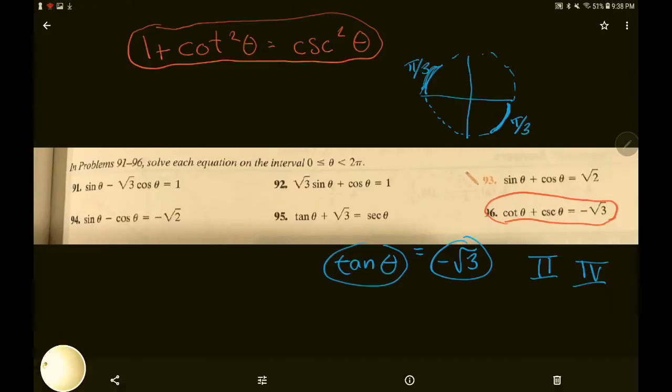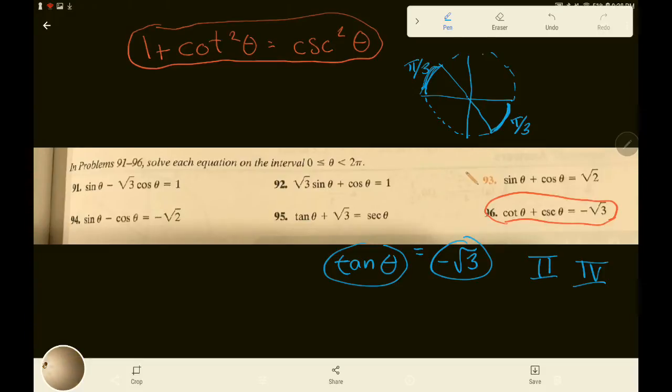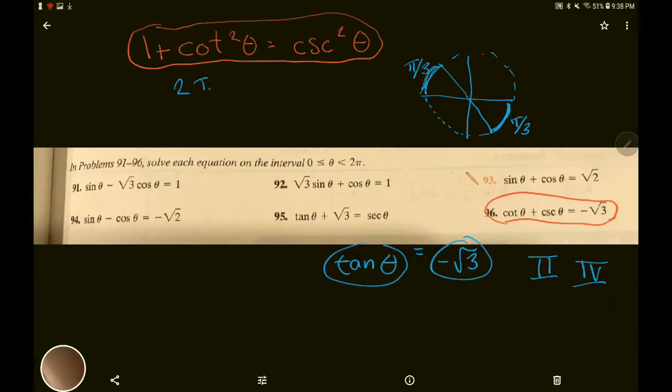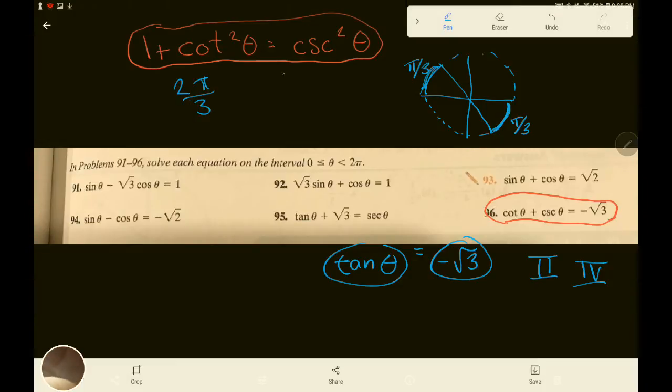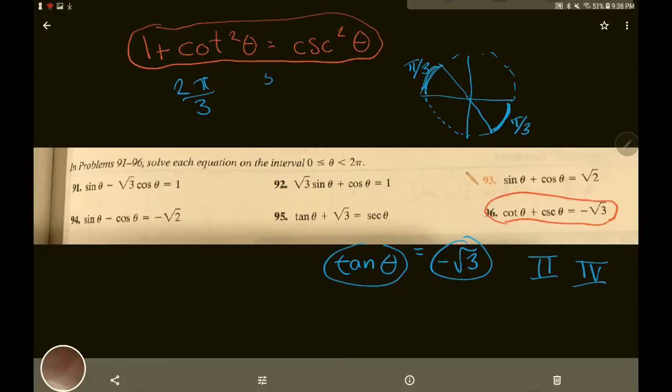So that'll give us our angles in quadrant 2 and quadrant 4, where tangent and cotangent, in fact, are negative. So the one in quadrant 2 would be 2 pi over 3. And the one in quadrant 4 would be 5 pi over 3.